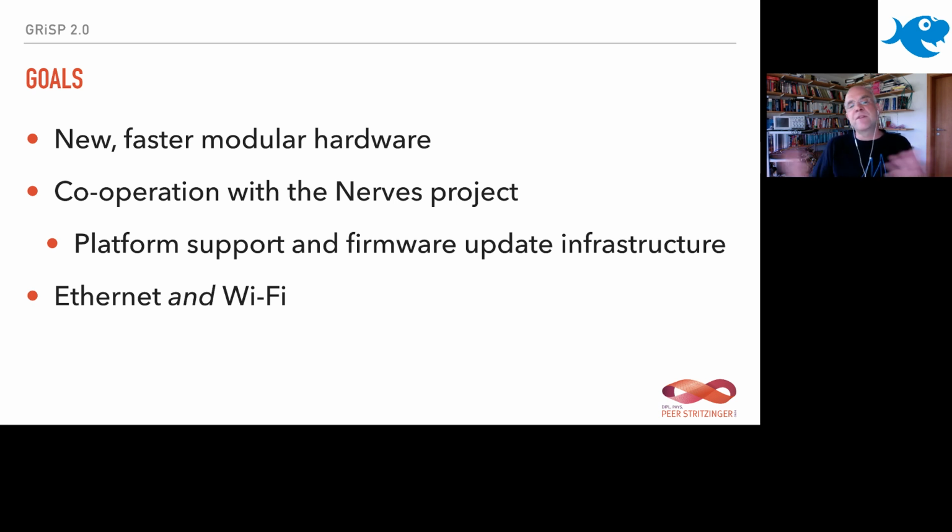But it's a different approach, and since we support both with the new hardware, the NERVS project will support the GRiSP board and make it run on the new GRiSP board. You have more choices, so depending on the application, you can pick the right operating system choice here.